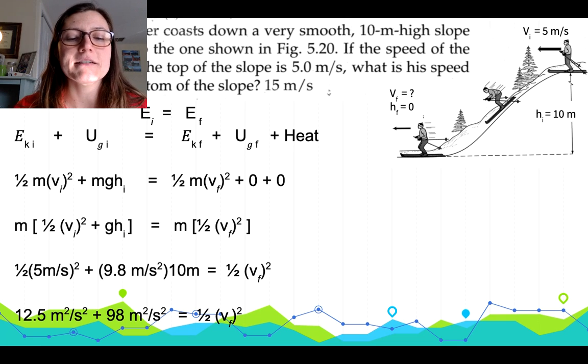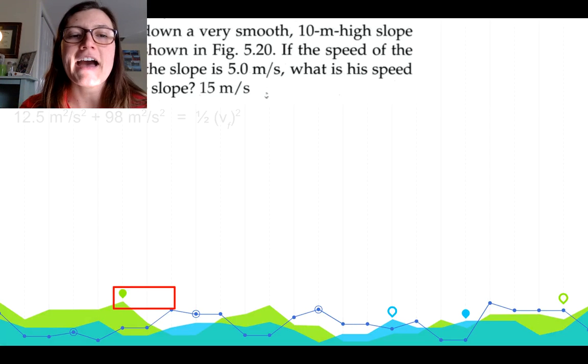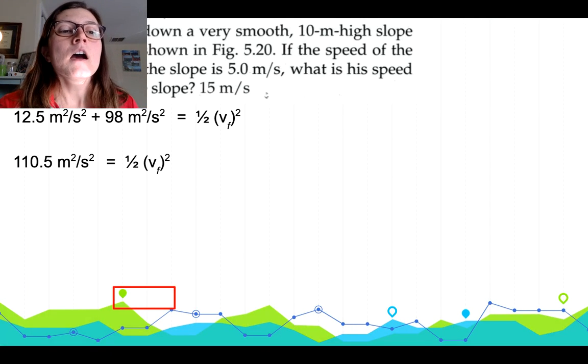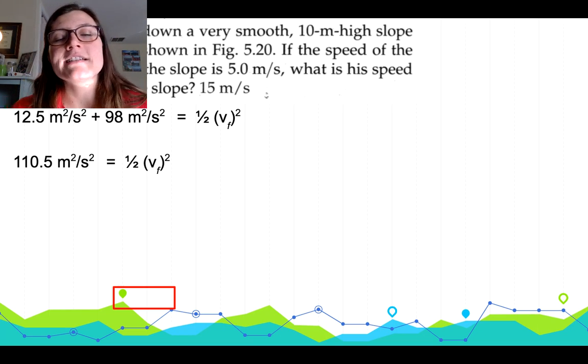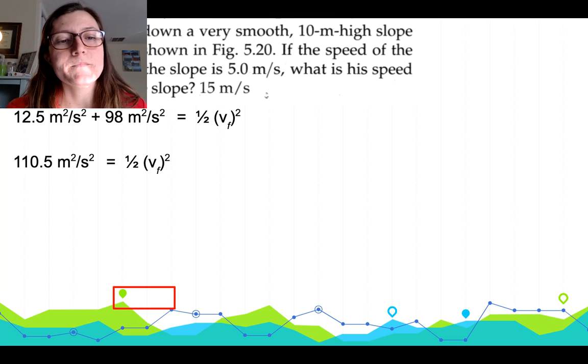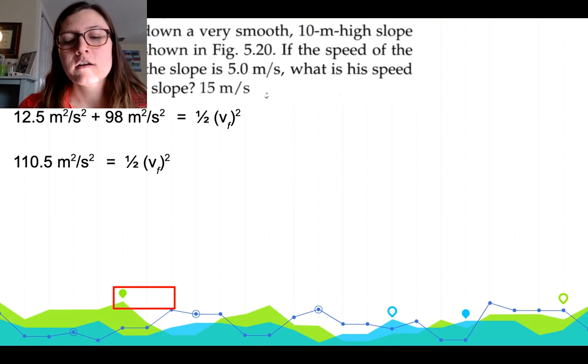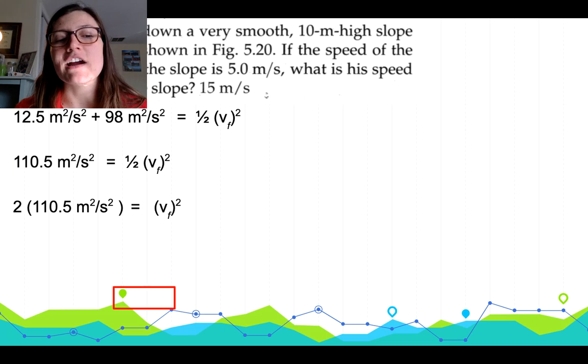Our job is to simplify and get v final by itself. So I'm going to add 12.5 plus 98, we get 110.5. Then to get v final by itself, multiply both sides by 2, the 1/2 cancels on the right-hand side.